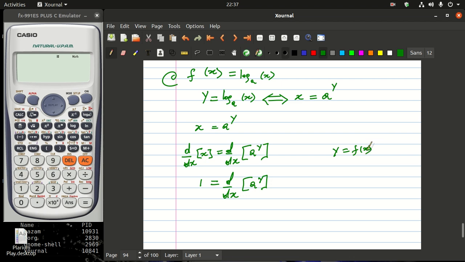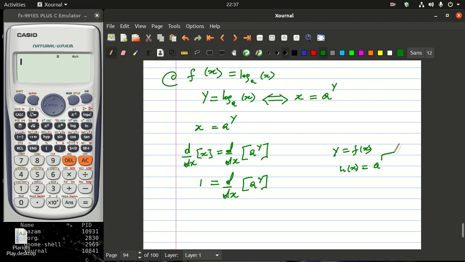Because it is a function, I know that if I had a function, let's say h of x is equal to a to the power x, I know how to find the derivative of this, because the derivative of this is going to be the same thing as it is times ln of that constant. But now instead I have y, which is the same as f of x there. So I have a function that is sitting in the value of x. So how do I end up dealing with that?